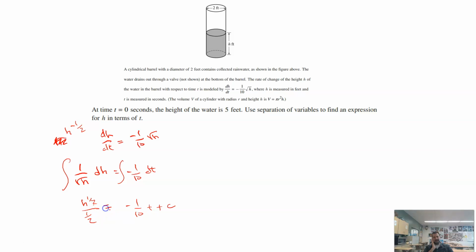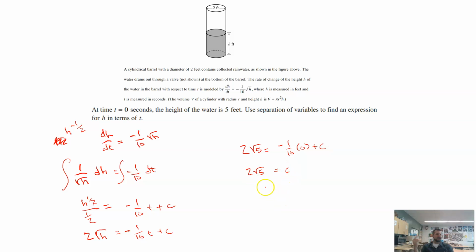So I've got that set up, and I can simplify that a little bit. I get 2 times the square root of h equals negative 1/10 t plus c. I know at time equals 0, the height of the water is 5, so I get 2 square roots of 5 equals negative 1/10 times 0 plus c, so the constant is 2 square roots of 5.